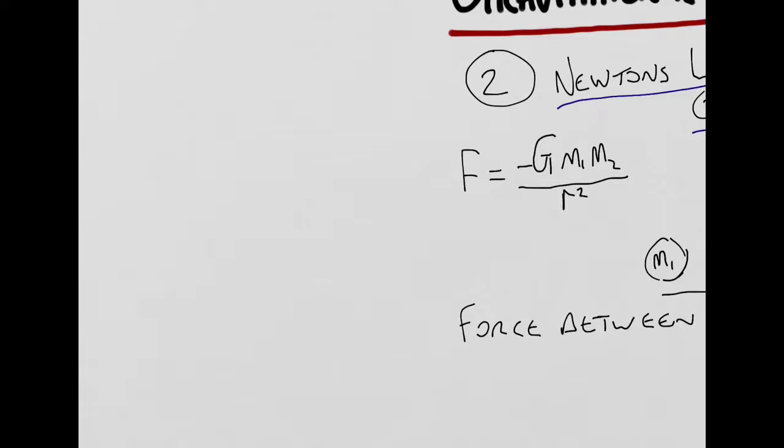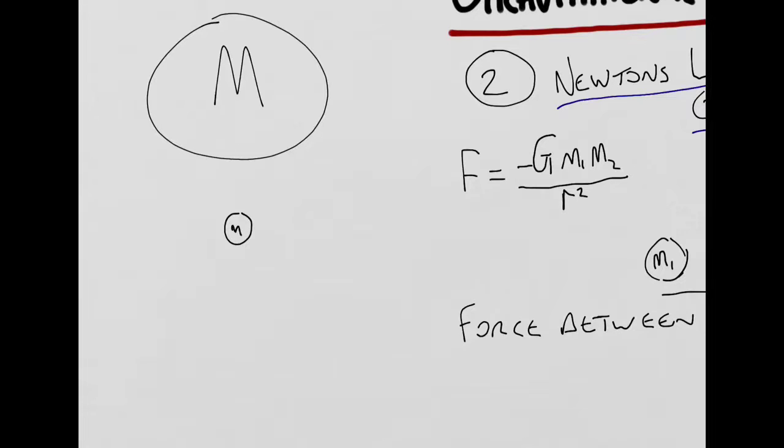We have a large mass. Let's put that up here. Big M. And a little mass, little m. Let's try that again. It's quite hard to draw a little mass on an iPad screen. There we go. Right.